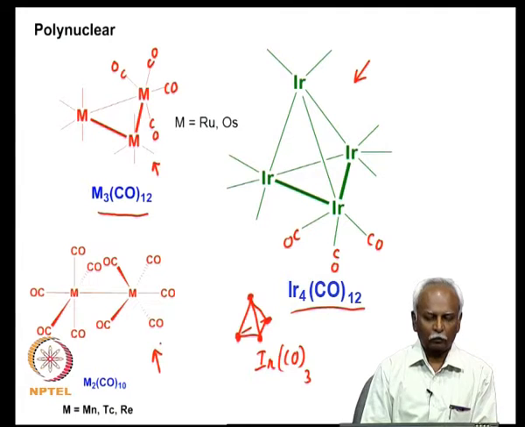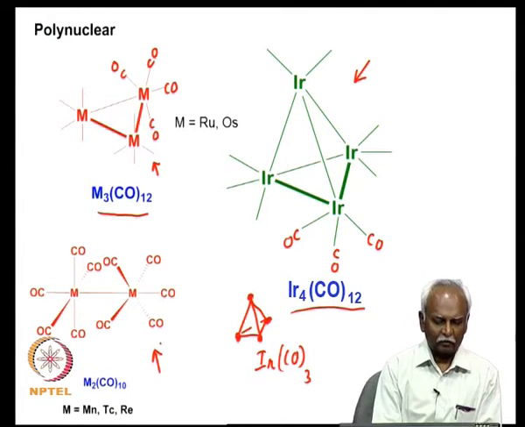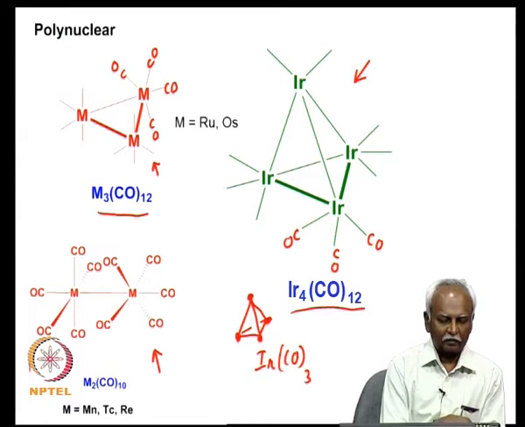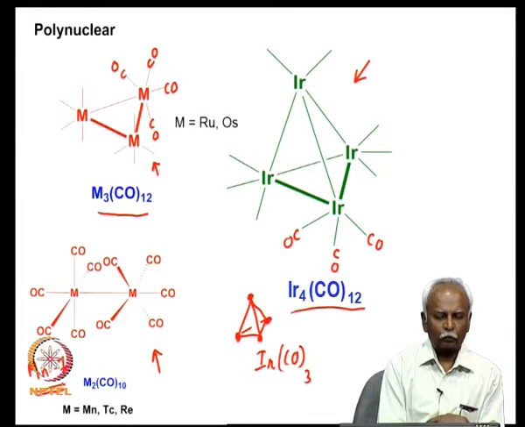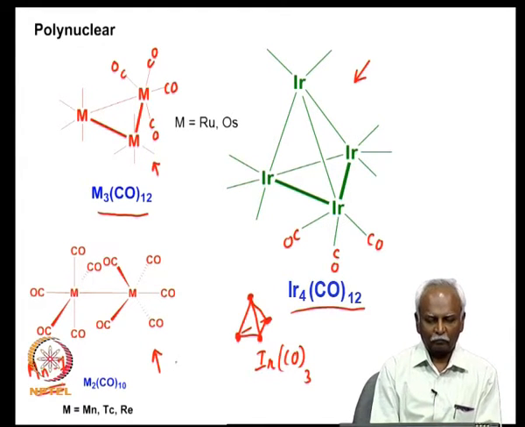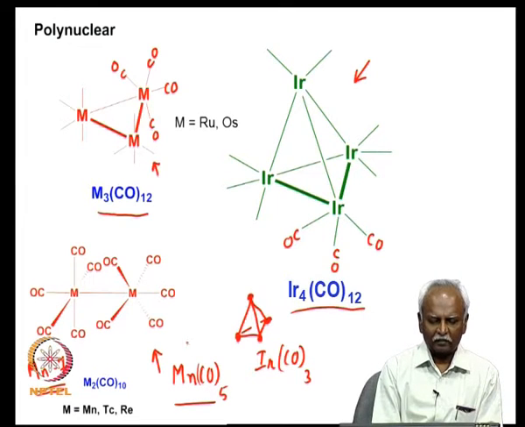Once again, you will notice that because manganese has 7 valence electrons, it is 1 electron short. If I form a complex like Mn(CO)5, it is 1 electron short. It is a 17 valence electron species.